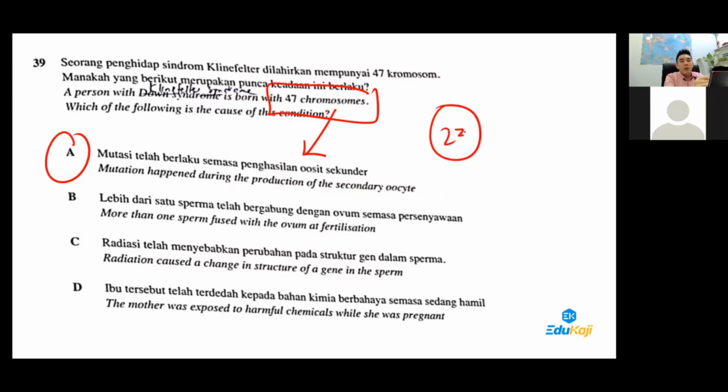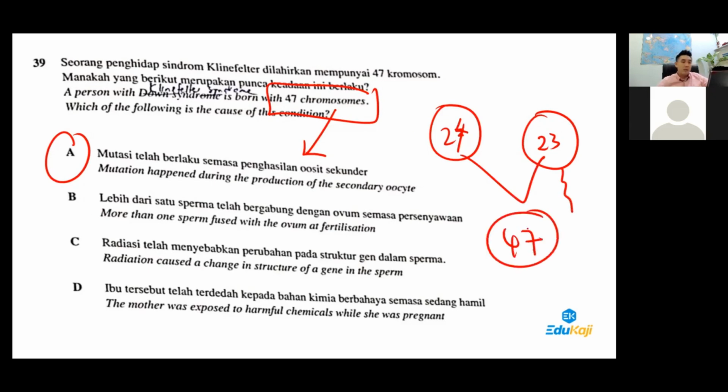Let's say ovum got 24. Normal is 23, right? So let's say the sperm combined, the zygote is 47. More than one sperm is wrong, guys. How can more than one sperm fuse in the ovum? This is out.